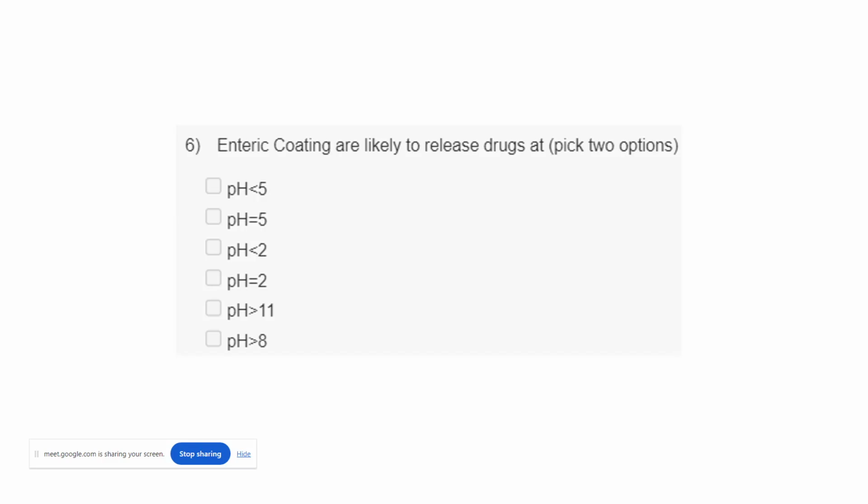Last two options. Okay, option 5 and 6. Okay.